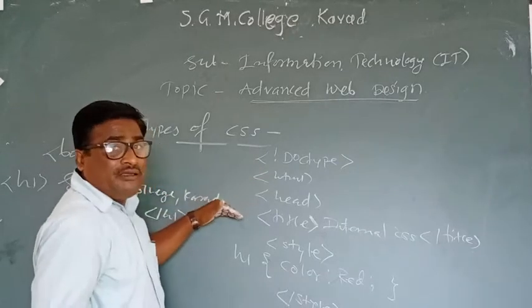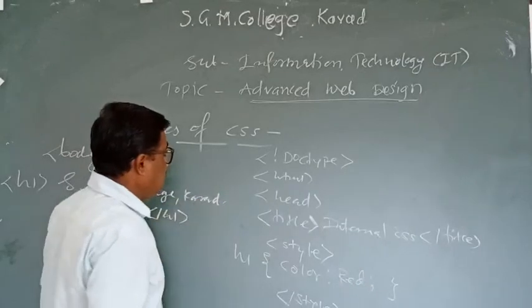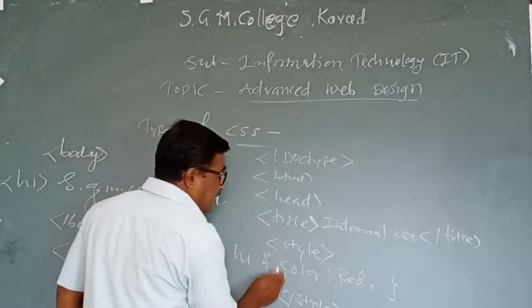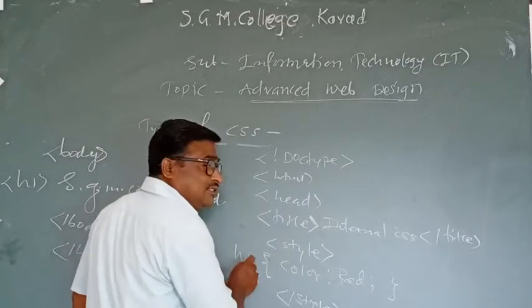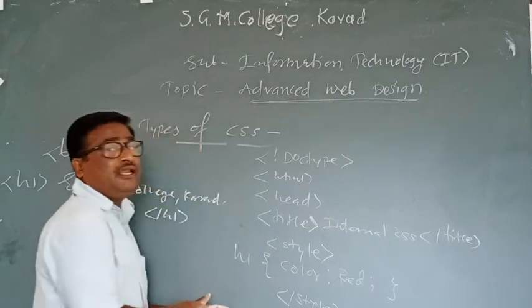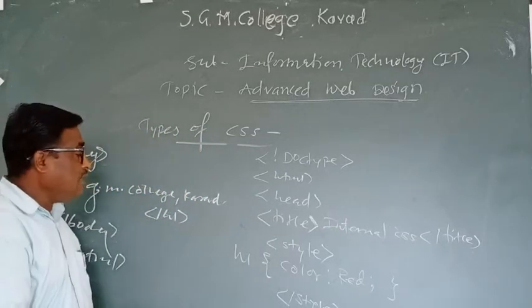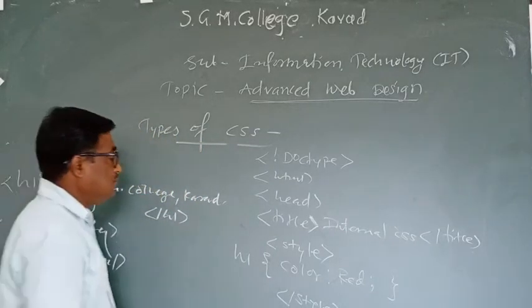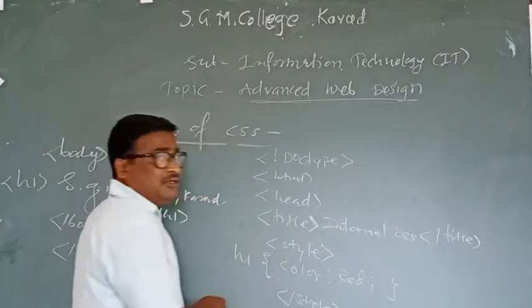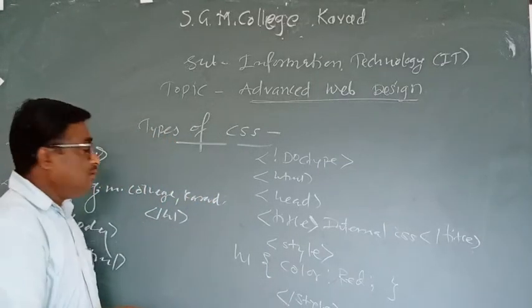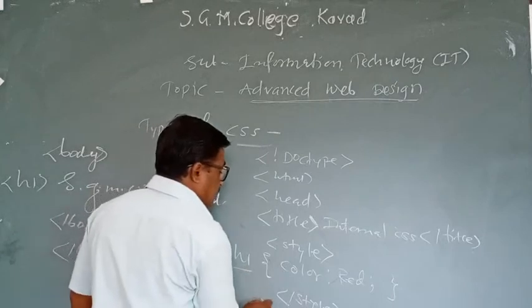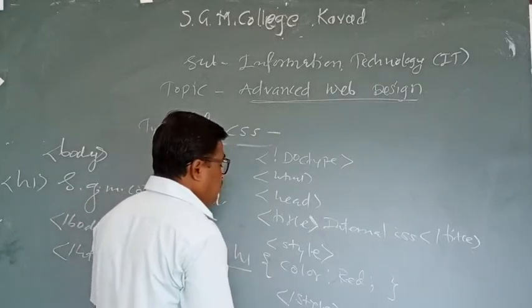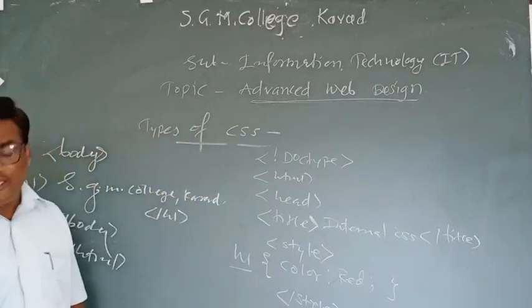So here we have made internal CSS. We have to write the style tag in the head tag, and in the style tag we have to write a selector and declaration block. The selector is nothing but the name of the tag, and the declaration block is made of properties and values.